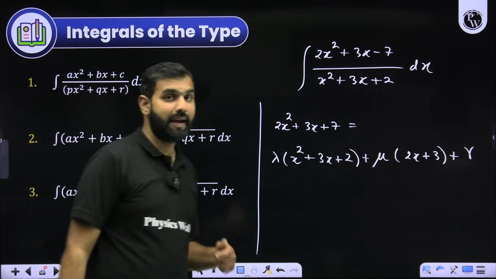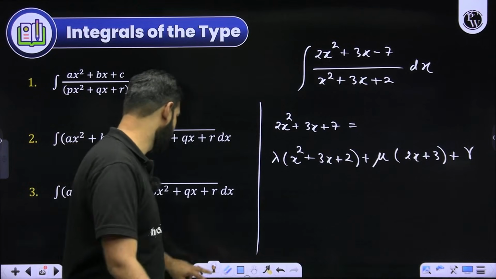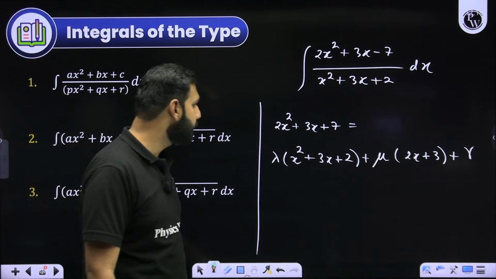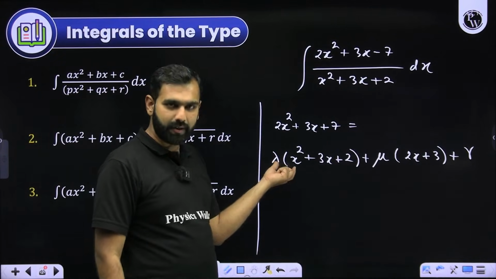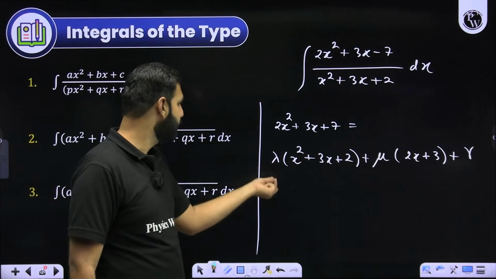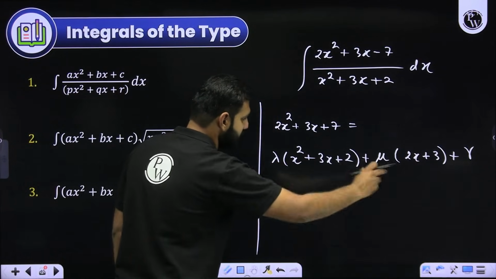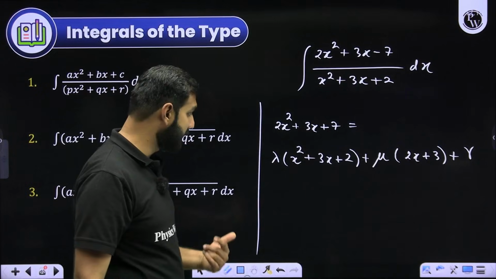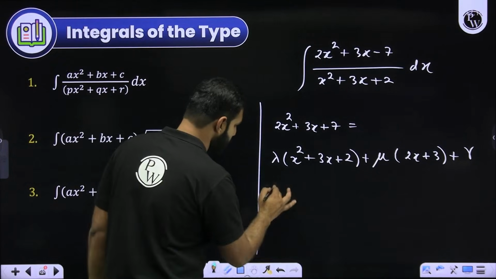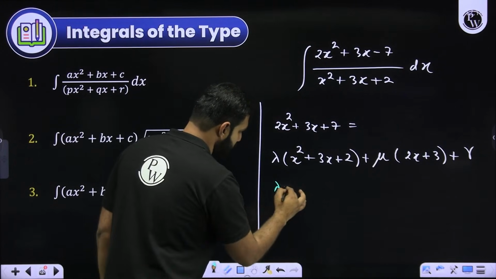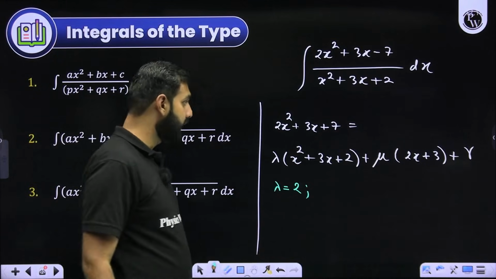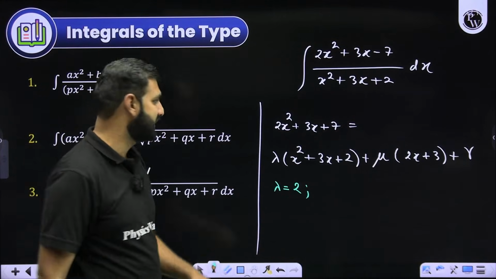And now by comparing the same degree terms, the second degree term is lambda x square here, and here it is 2x square. So lambda should be 2. Now let's compare the coefficient of x.